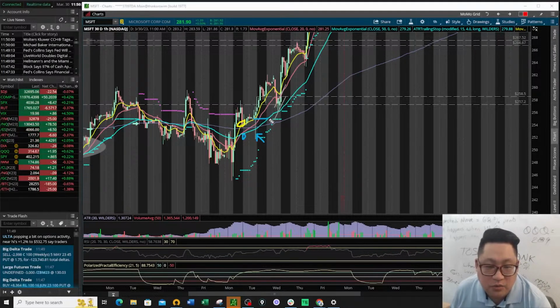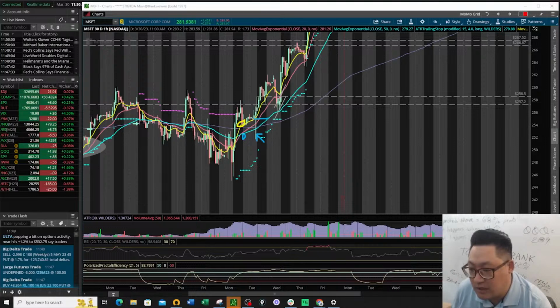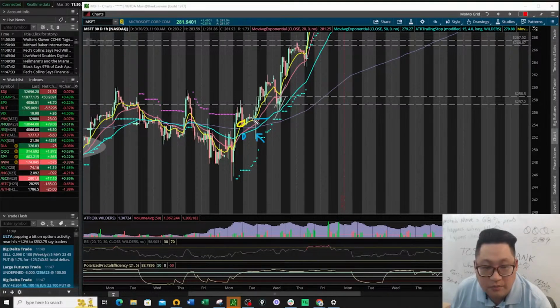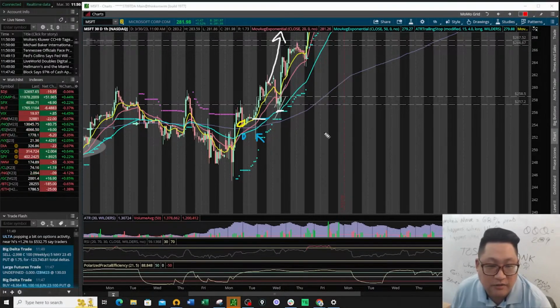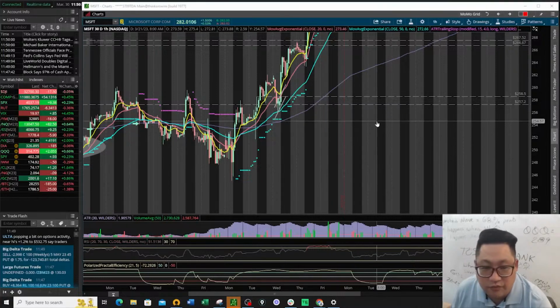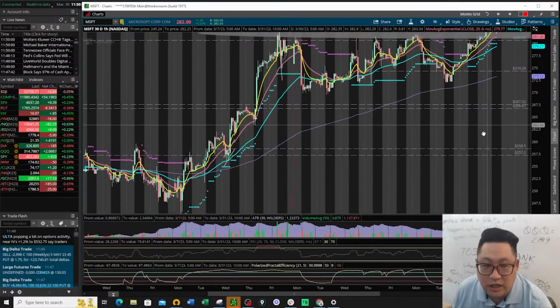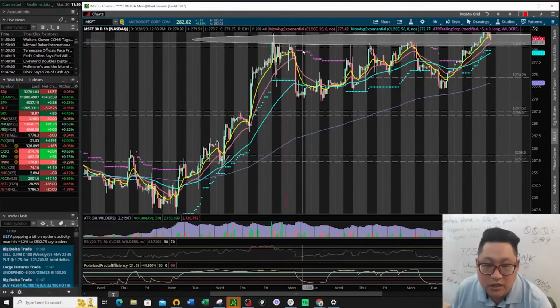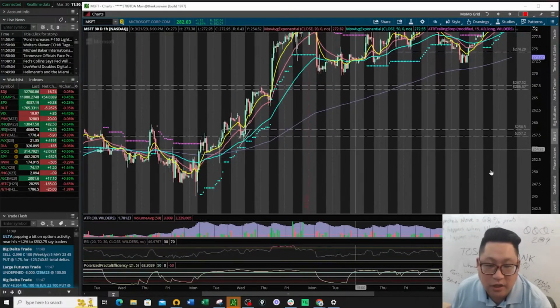The opening price was back here. I should probably highlight it with white. So the opening price was here. If you notice, once again, it ended up holding their level here and Microsoft continued to spike up. So this is a beautiful opportunity on that crossover where it exploded and started working its way up.